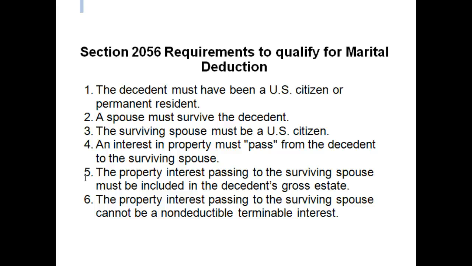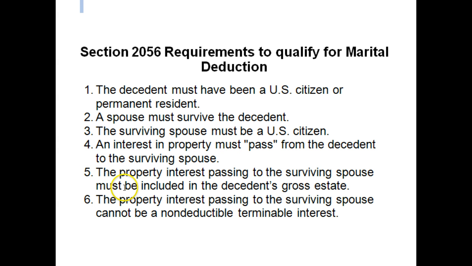Since there's nothing pulled back into the estate because the pullback code sections do not apply, although the property interest passed to the surviving spouse, there's no marital deduction because there's no tax relating to the property that passed to the spouse.